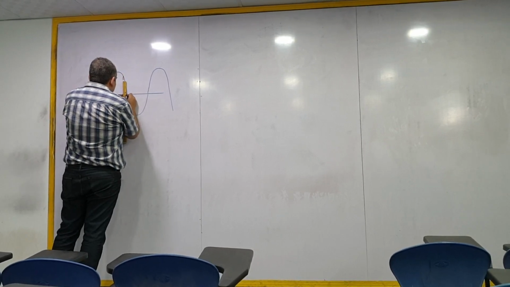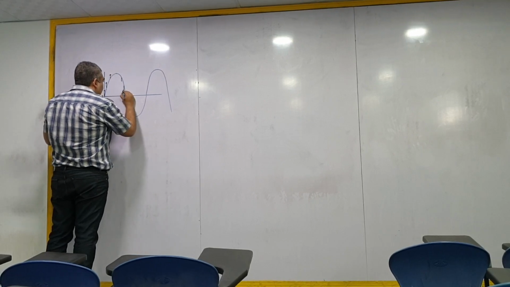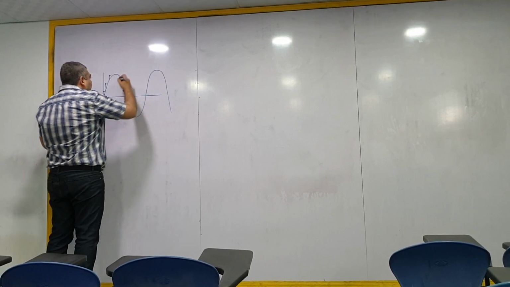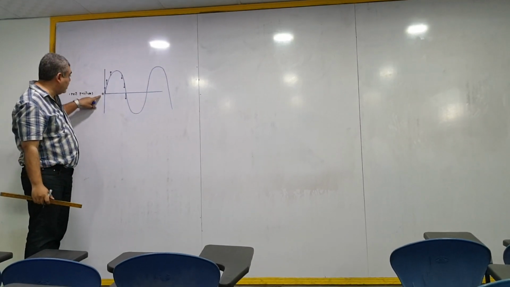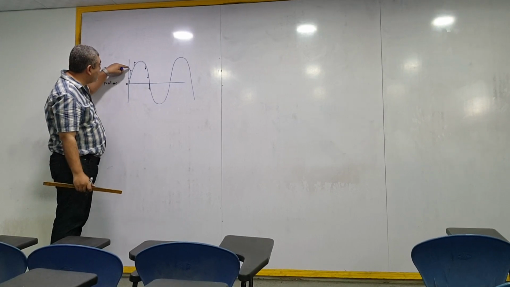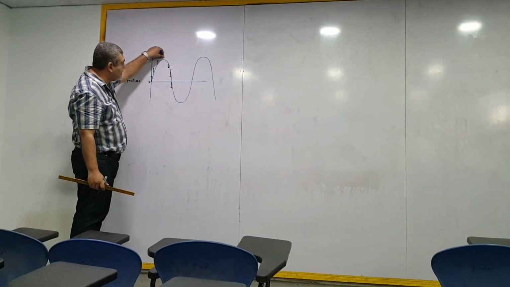Hope you're getting it. So what I've done: when a particle vibrates, at mean position or rest position the velocity is maximum, and when it is moving towards an extreme position, the velocity is decreasing, and at extreme it's 0.